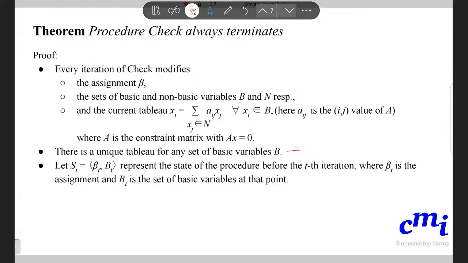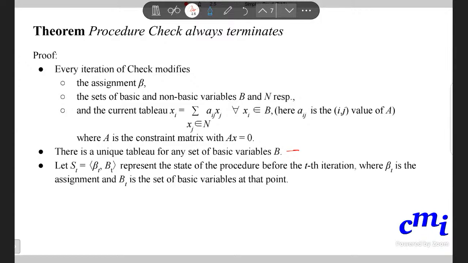Yes. So it's basically a set of equations. The set of equations is basically x_i is equal to the summation over x_j belonging to non-basic of a_ij times x_j. These are the set of equations. Now, this basically satisfies Ax equal to 0. Whenever we update the tableau, we are not actually changing this equation.